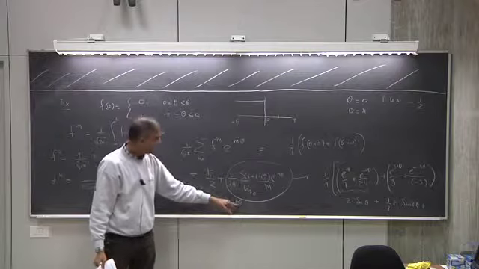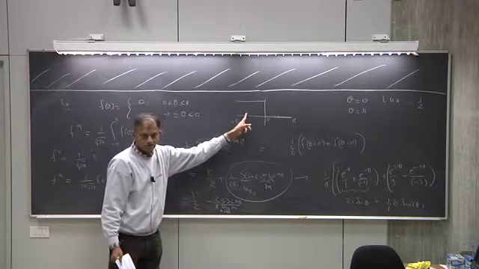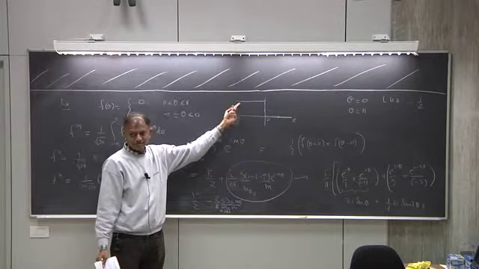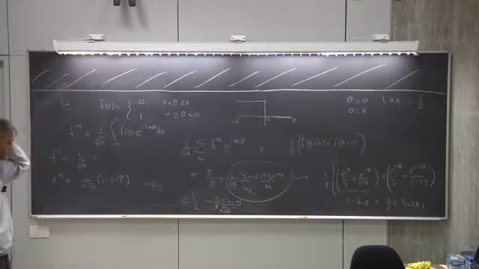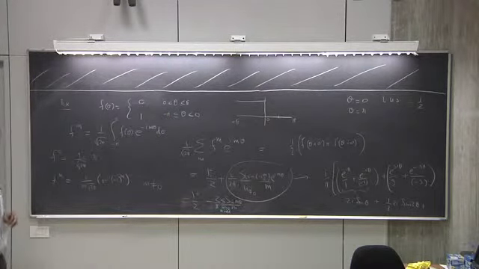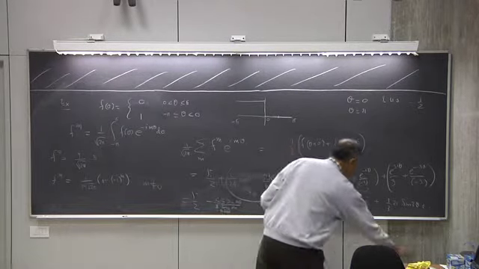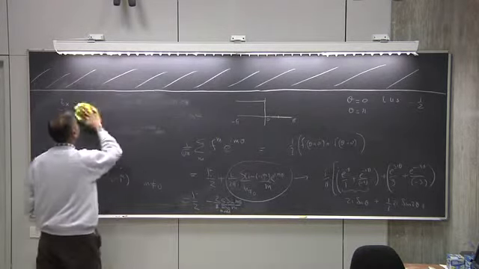Whereas for theta negative, some point between minus pi and 0, the answer should be 1. So how can one prove that? That was one question. Let's try to prove this statement.